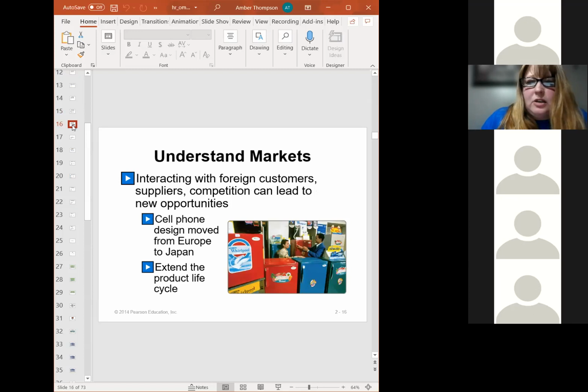And then understanding your markets. Okay, Hard Rock Cafe, that was the other one. They understood their markets. They only put their stores or restaurants in vacation spots. So 70% of their clientele are tourists. What do tourists do? They want to spend money.